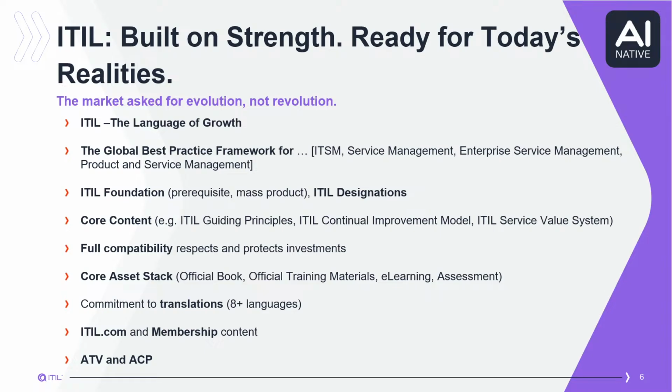The continual improvement model is the same, it's 7 steps, and the ITIL service value system remains with the 5 components. Full compatibility with everything we have learned about ITIL 4. So there are no large changes. Maybe we should learn about that.